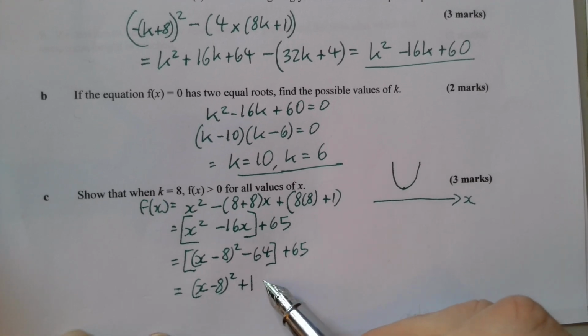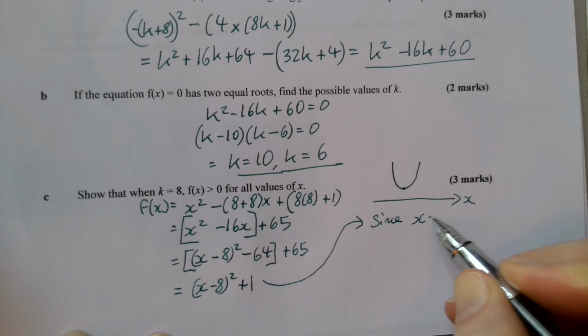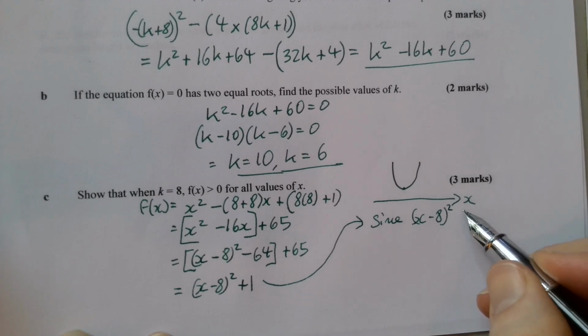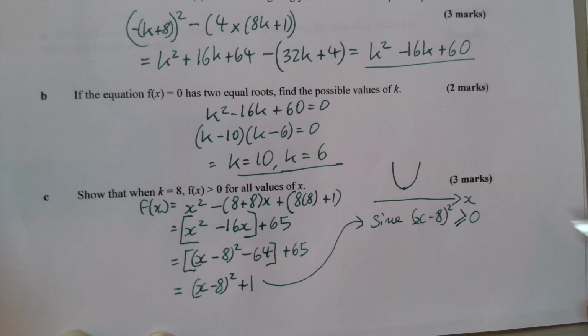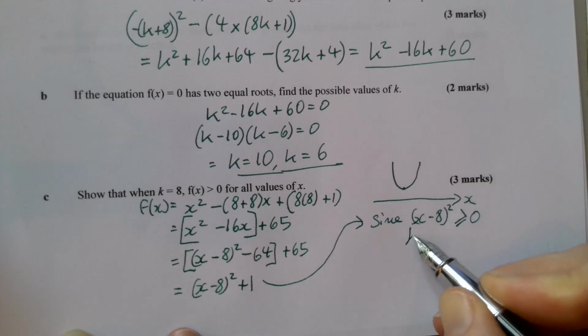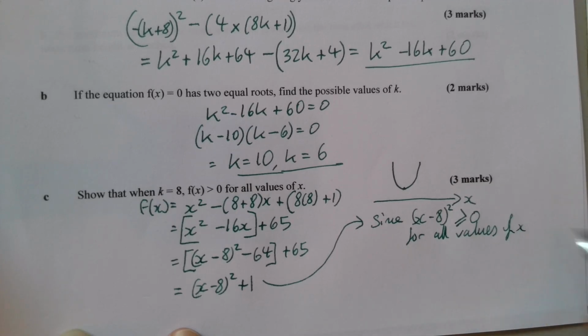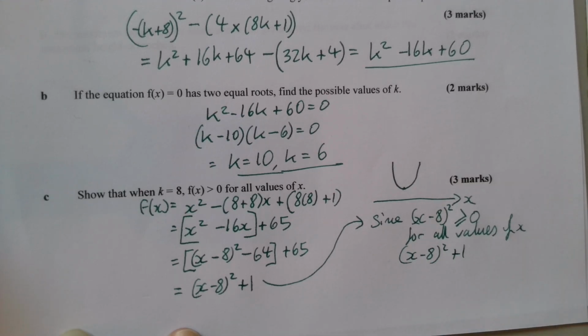And then, just running out of room here, you need to say something to show that we know that a square number is always going to be positive. So since x minus 8 squared is greater than or equal to 0 for all values of x, x minus 8 squared plus 1 is greater than or equal to 1.